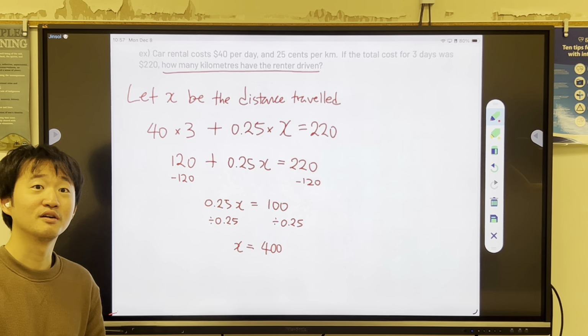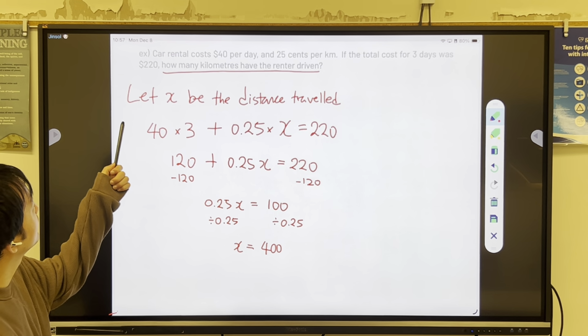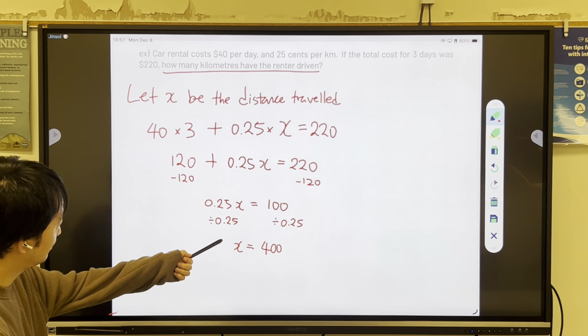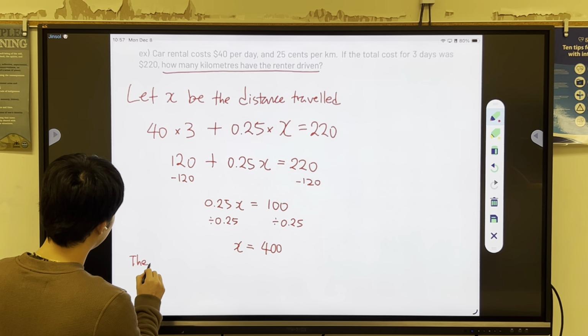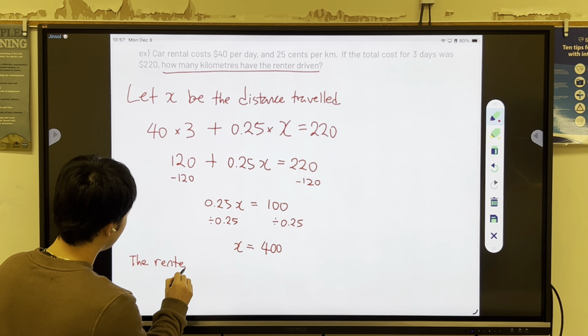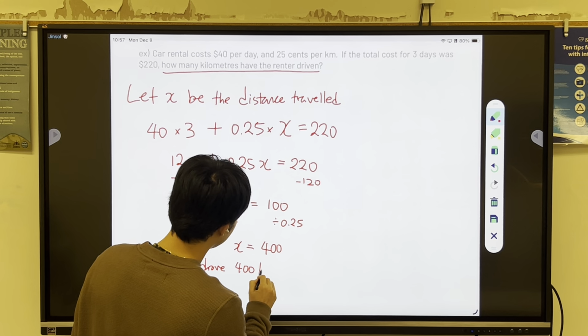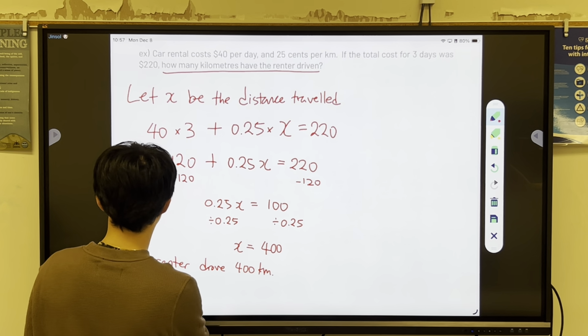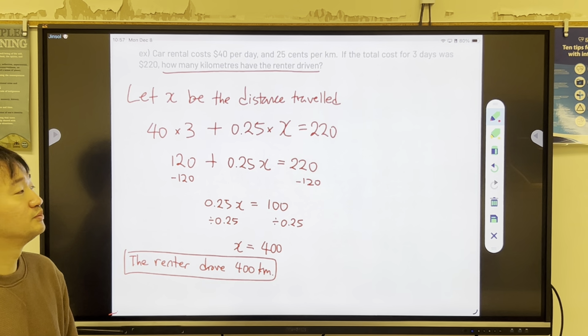Now what is my fifth step? The fifth step is to answer the problem. The problem says, how many kilometers has the renter driven? We found that x is 400, so we can say the renter drove 400 kilometers. So you answer in words, and that's the end of the problem.